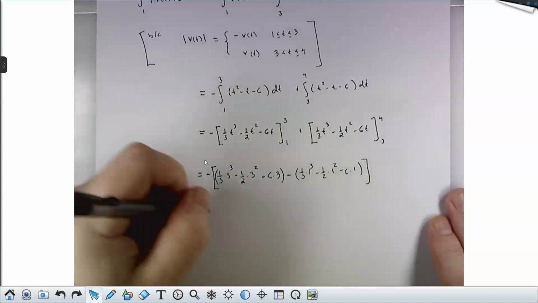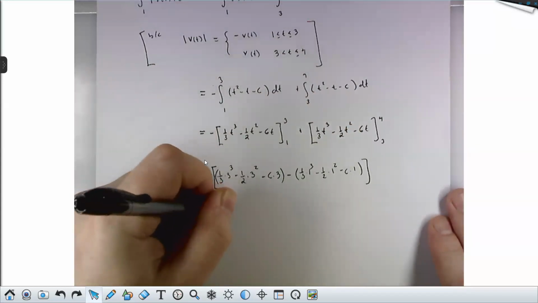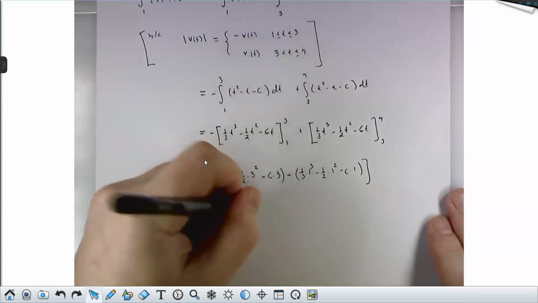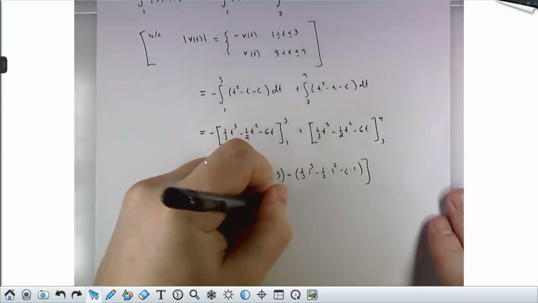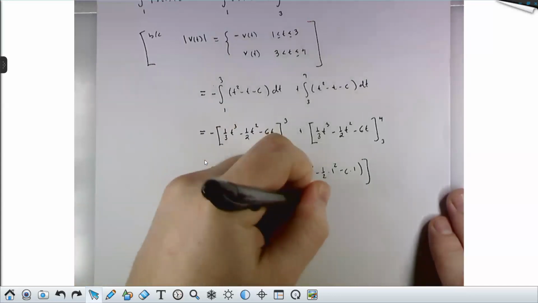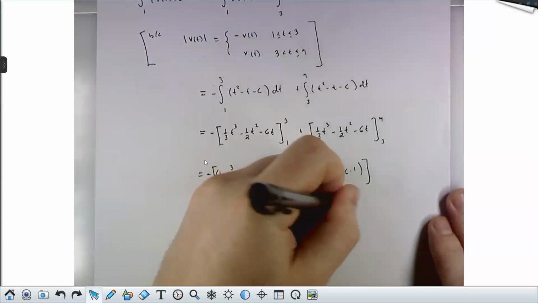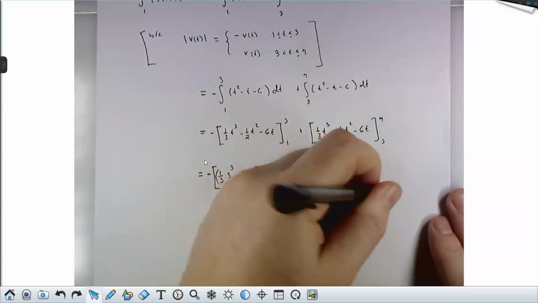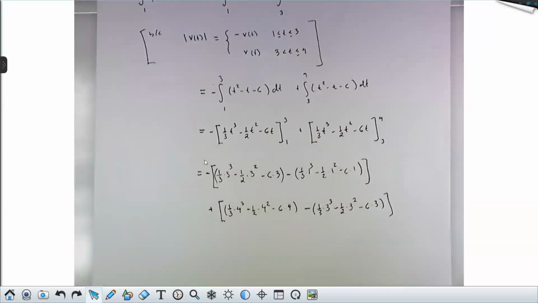So then I'll have plus 1/3 times 4 cubed minus 1/2 times 4 squared minus 6 times 4, minus 1/3 times 3 cubed minus 1/2 times 3 squared minus 6 times 3. And all of this is the second piece here.